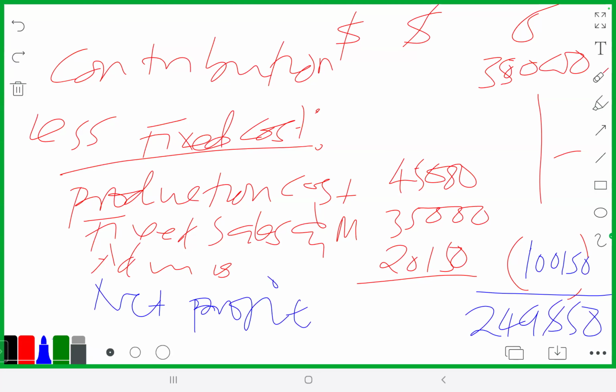You got it? Yes. It's net profit. But if the value is negative, then that's not net profit. If the value is negative, then you have a net loss. It's not right to say net profit when the figure is negative.